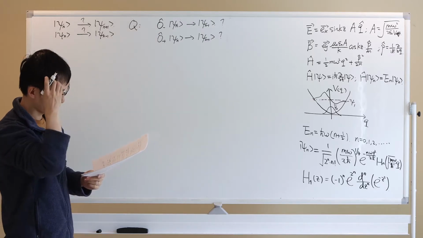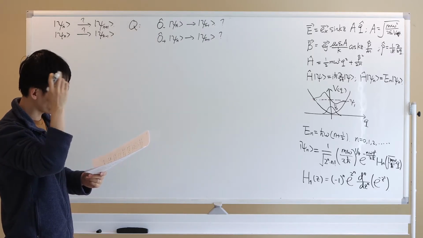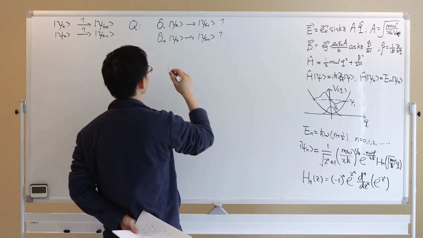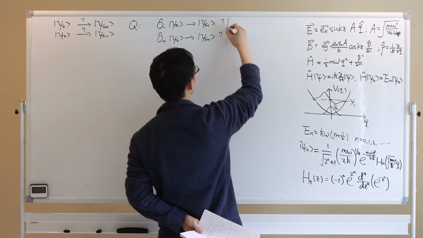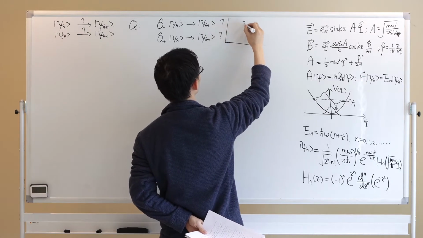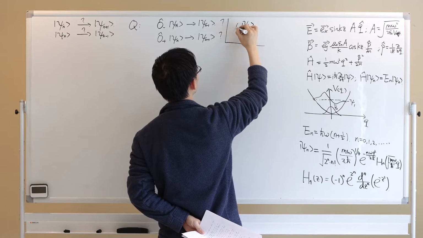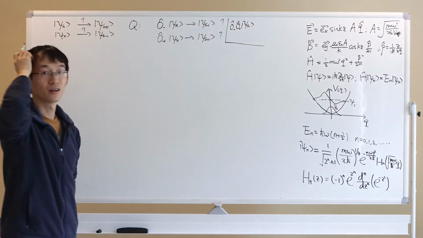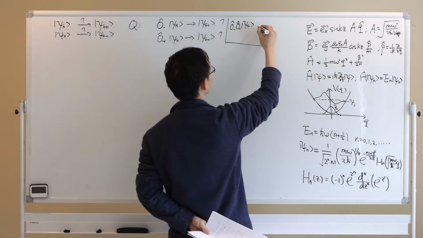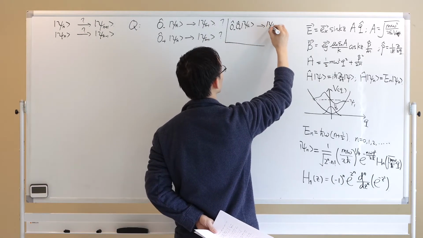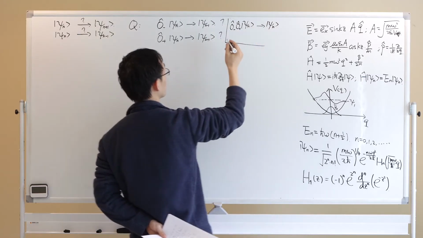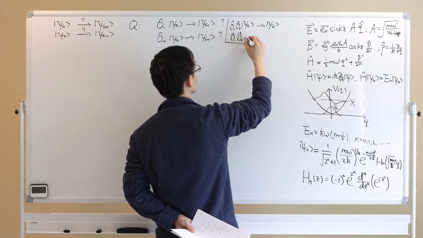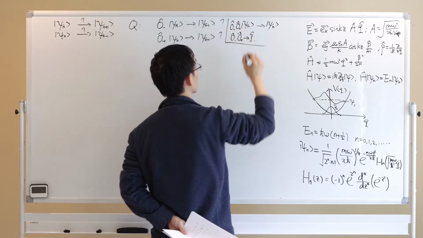The reason to think about that is because if you have a state that is n, you first add a photon, then you subtract a photon. Then it should give you the state itself. So what it means is that this operator seems to give you the identity operator, right?